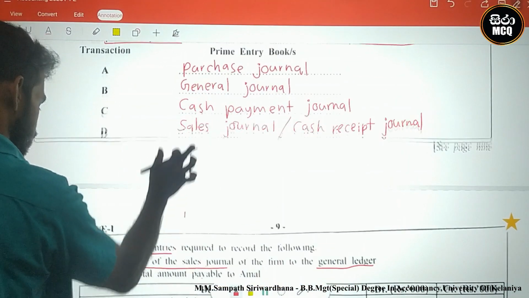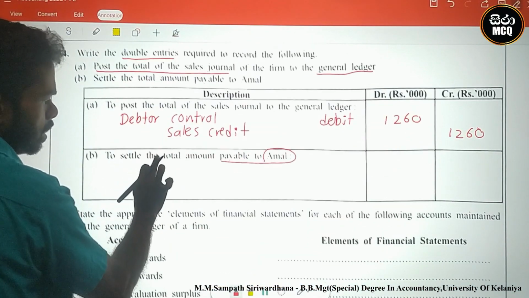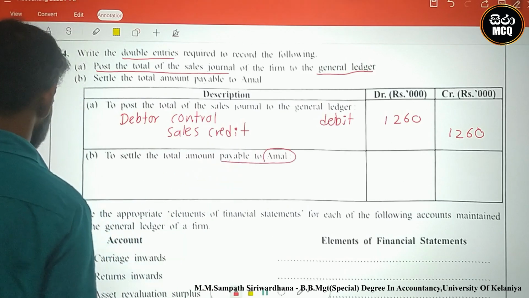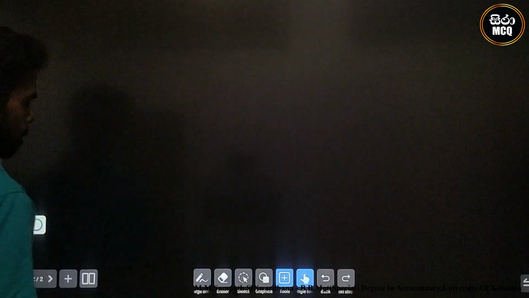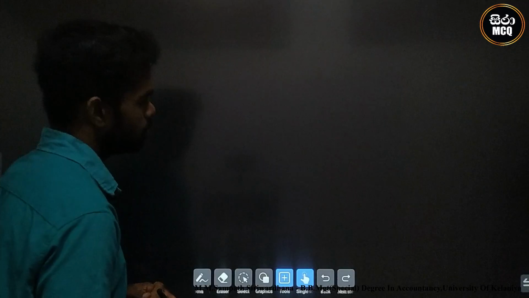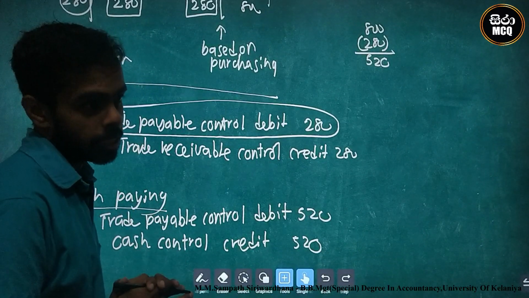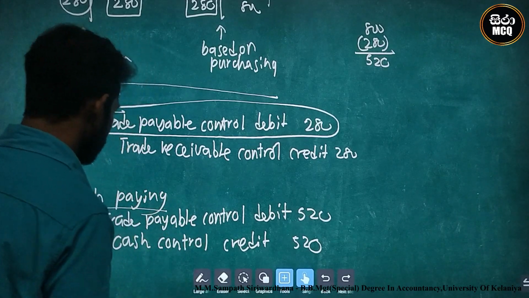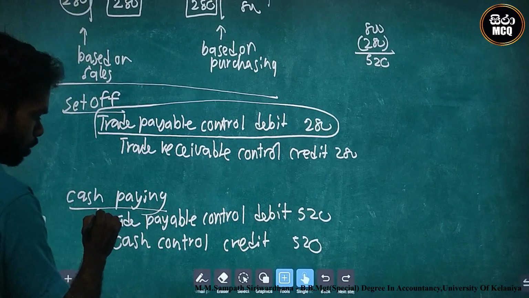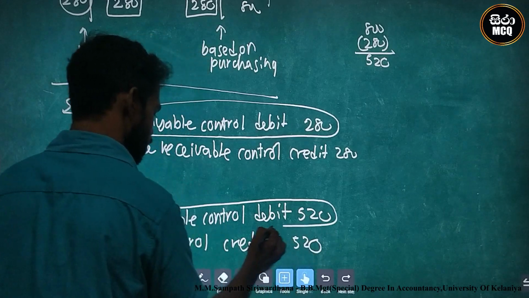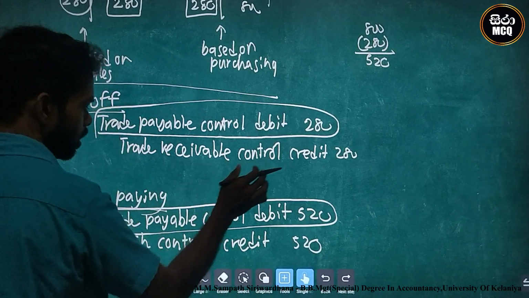They request us to give the double entry to settle the total amount payable to Amal. Settle means closing. Closing means the total payable is eliminated. The total payable is eliminated by these two shorts. Why?